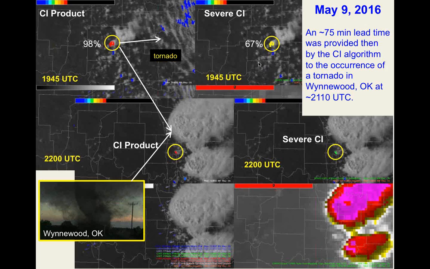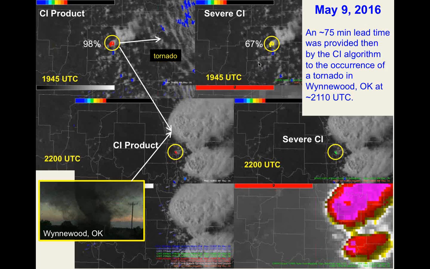Well, if you run this through in time, and I probably have some of these arrows pointed in the wrong place, but in any event, what it amounts to is that at 1945, we gave this heads up to that particular cloud. By 22 UTC, there was a tornado produced where those two lines basically converged.